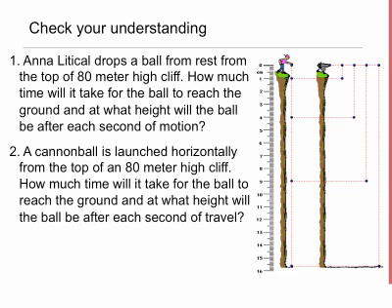The second part asks, what is the height of the ball after each second of motion? So we use that same equation, but we're trying to figure out what it is at each second. So you can plug in 1, then 2, and then 3 for the time.